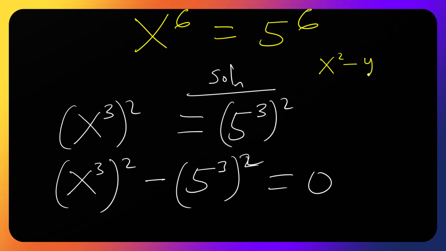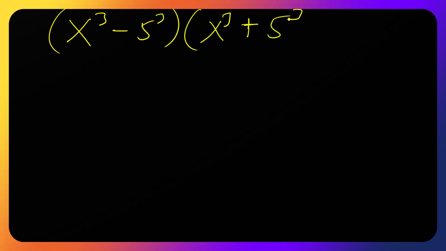X squared minus y squared is the same as x plus y times x minus y. Since this side is squared and this side is squared, we are free to say x cubed minus 5 cubed, times x cubed plus 5 cubed, equals 0.